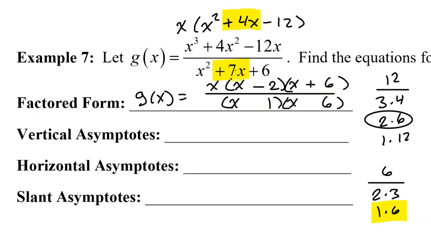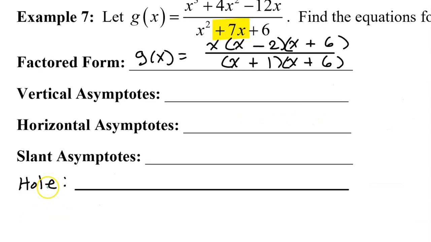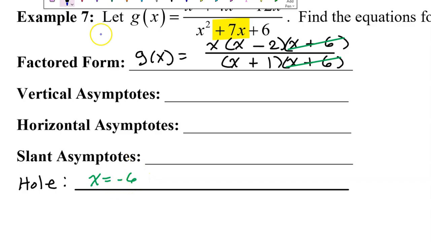So in order to make a positive 7x middle, we need a positive 1x inner and a positive 6x outer. They didn't ask us for it, but we can see that there will be a hole at x equals negative 6 because of the way these factors cancel out. I like to identify that first because it makes it easier to see vertical asymptotes and such.